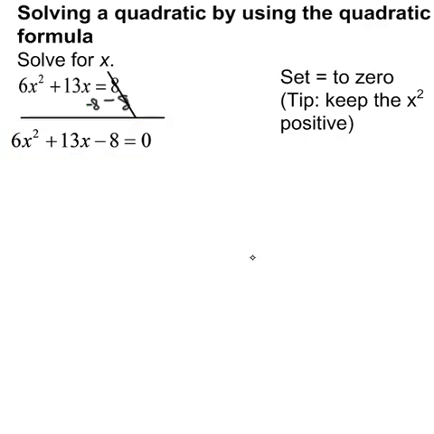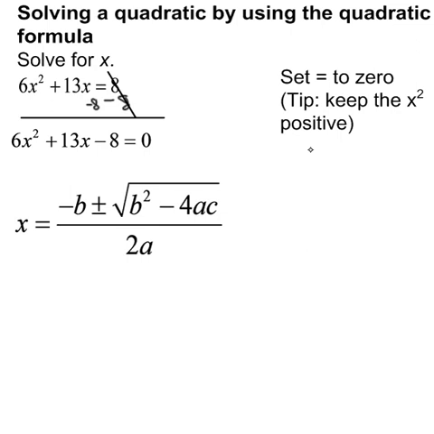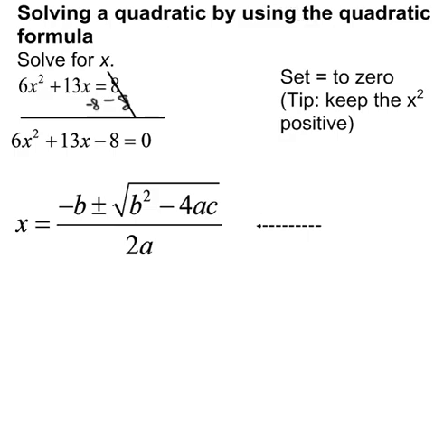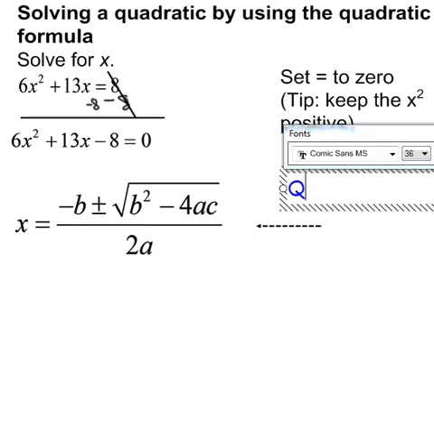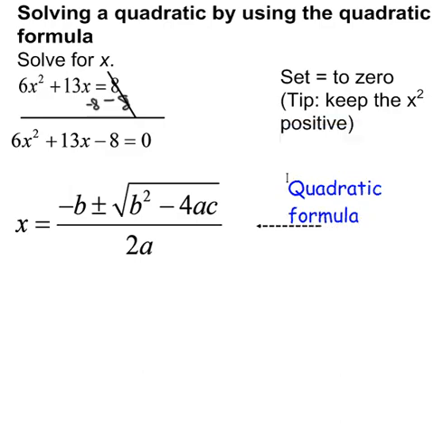Okay, now let's use the quadratic formula. What's the quadratic formula? Here it is. You should write that in your notes and you should memorize it, because it is not given to you on the Regents.